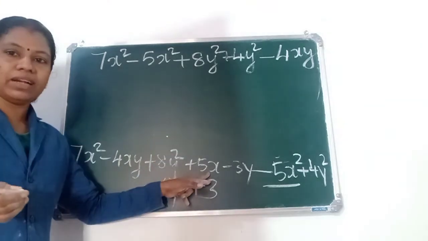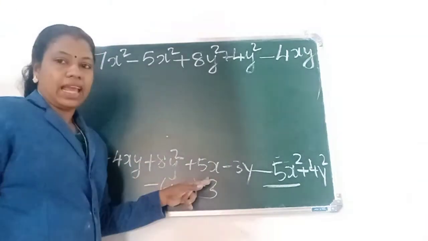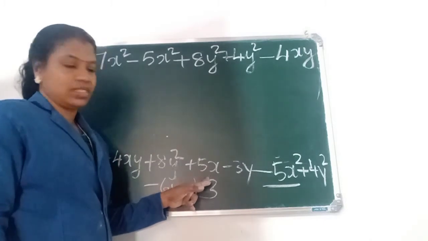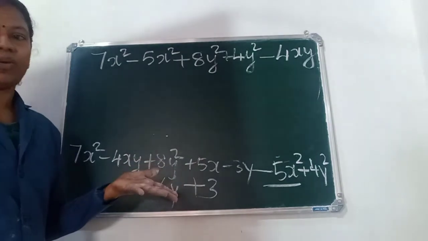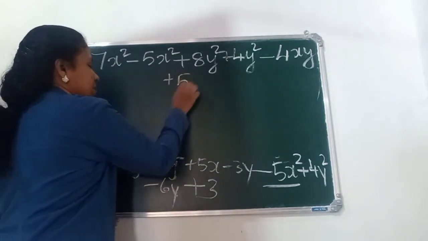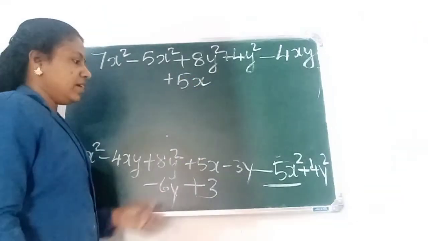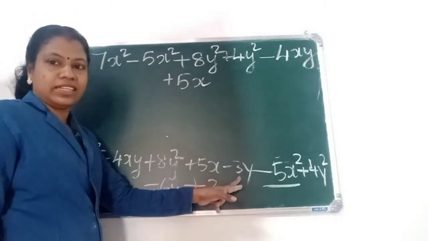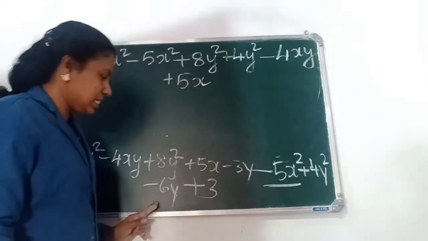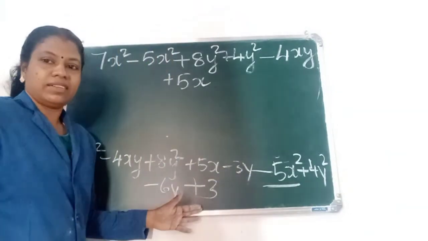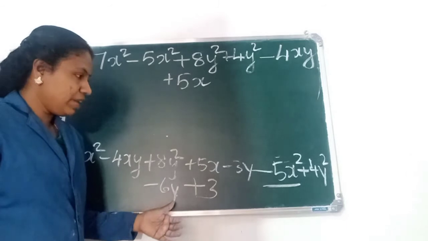Next, the variable x. Here is one x term. Any other x term? No. So just write that x term, only 5x. Now look at the next term, minus 3y. Check the expression for any other term having the y variable.